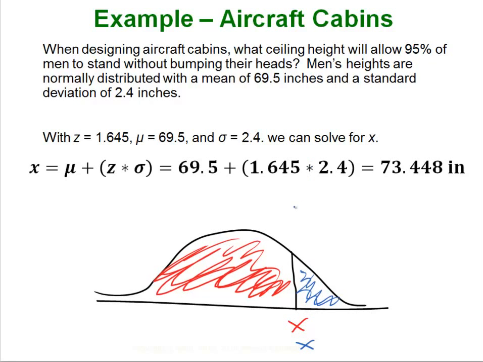We're either using the inverse norm if we're given area and want to find the x. We use inverse norm if we're doing the calculators. That finds the x given the area.